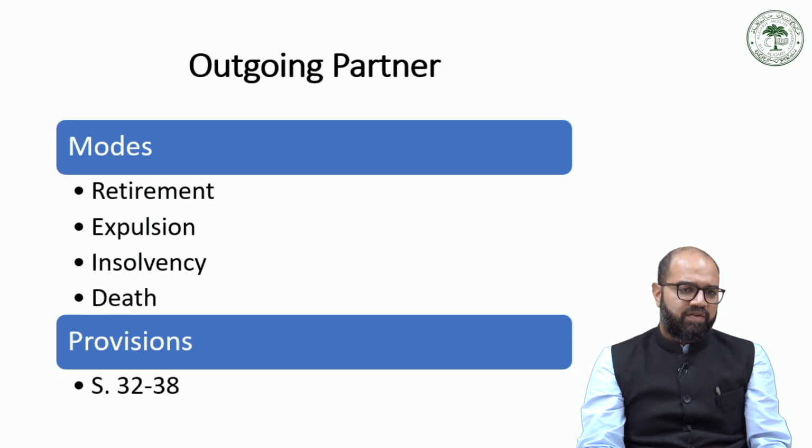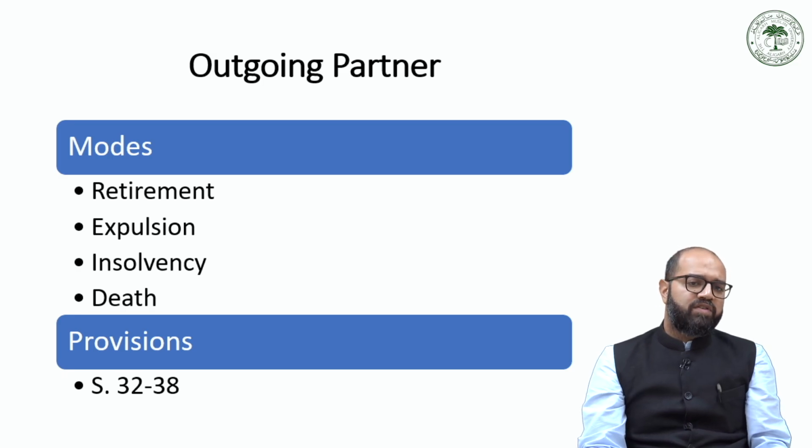Firstly, it is retirement. The second is expulsion by the other partners. The third is insolvency of a partner, and the fourth is the death of a partner.